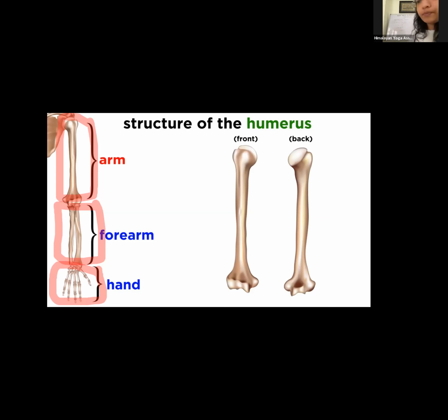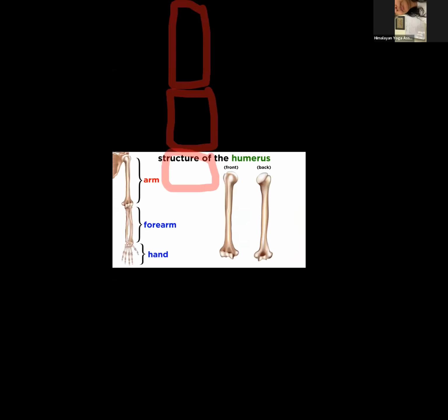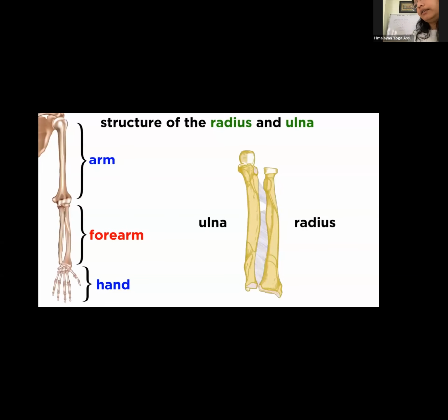Now let's see ulna and radius. There are two bones in the forearm, ulna and radius, and you see there is some filling in between. Hands we will study tomorrow.